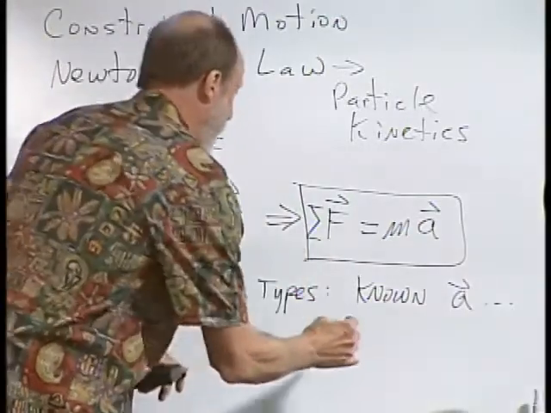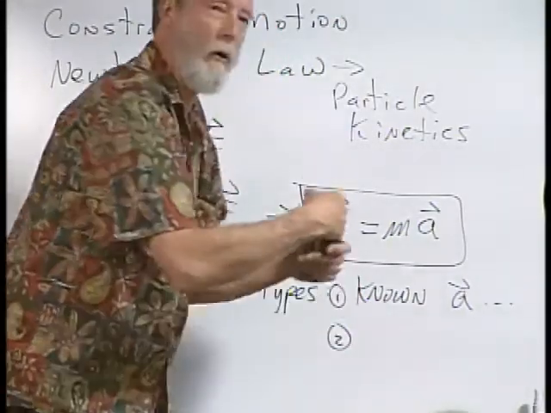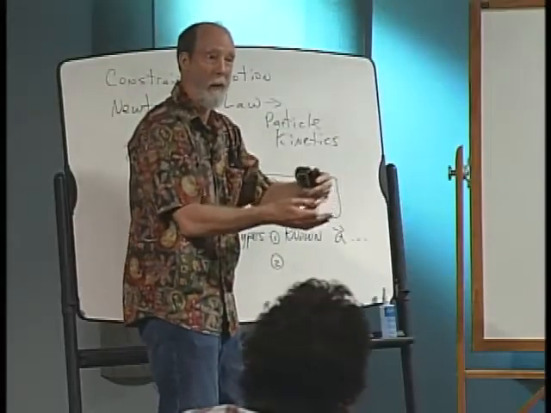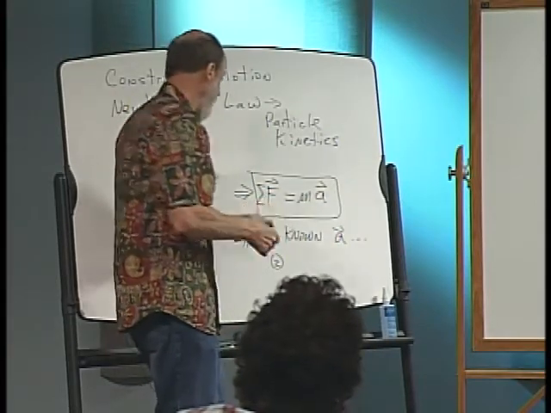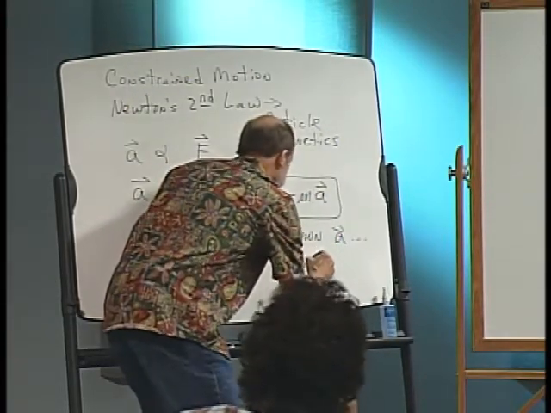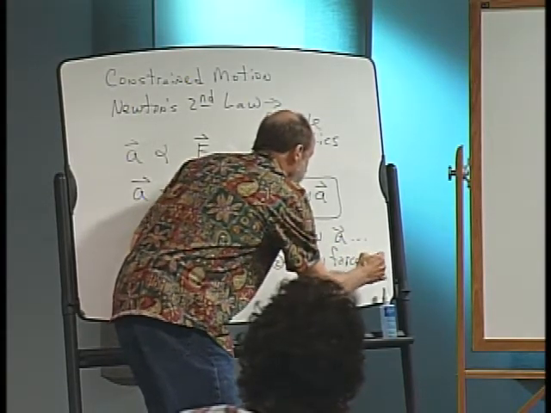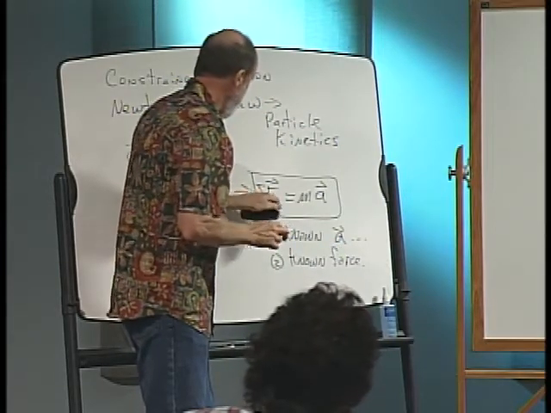The other type of problem would be what? If you know the forces that are acting on a particle, creating an unbalanced force, something non-zero in the vector sum of forces, if that's known, then you can plug that in here.